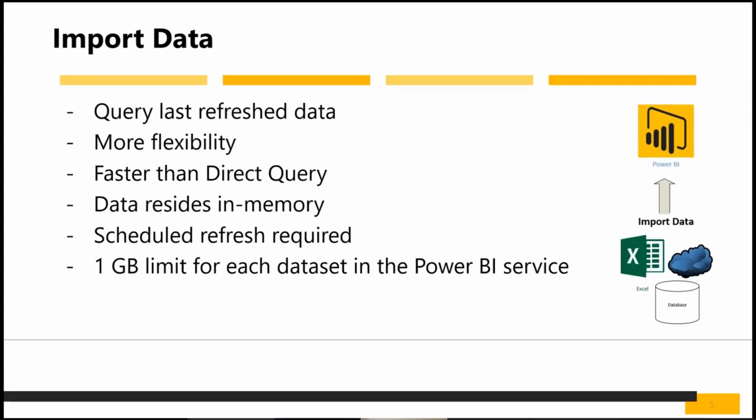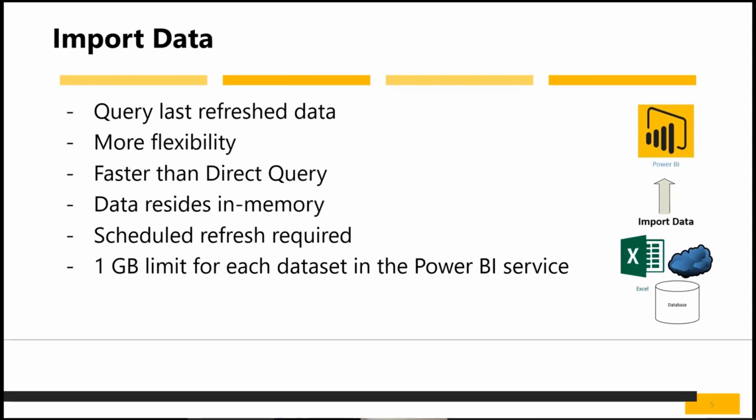The first one is import data. Import data means we are getting data into our Power BI application, and we refresh that existing data in the memory. Basically the data resides in memory, and it's fast because of that, so we can easily query the data in memory.